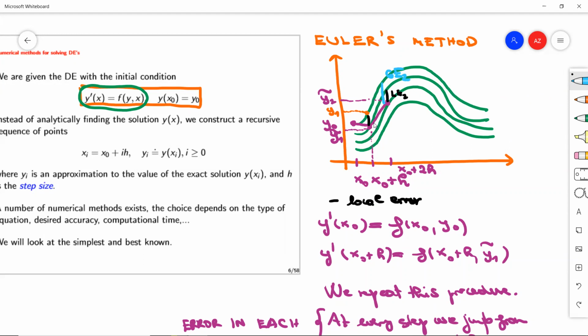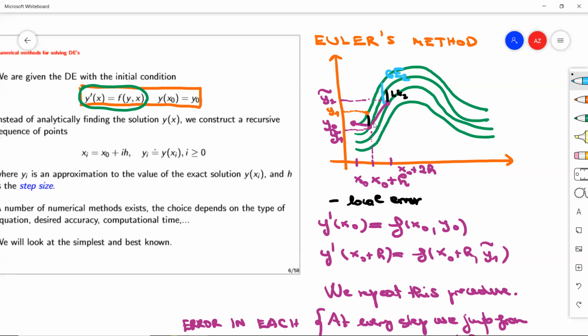And so on. So if we continue, in every step, we have some local error. This is only the error made between the previous and the new curve. And the global error is the mistake between the initial curve, which is the true solution, and our solution after n steps.